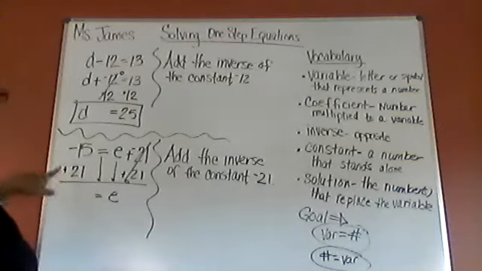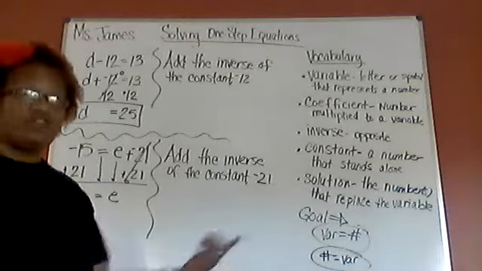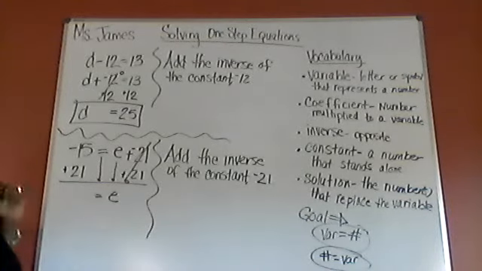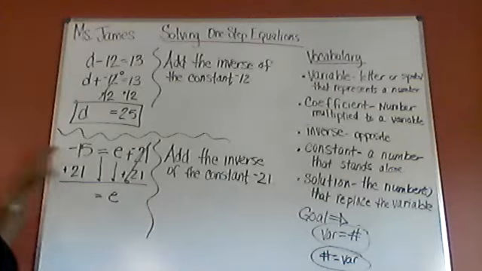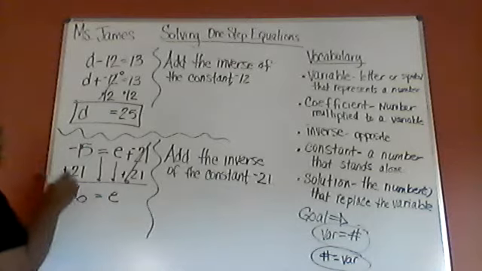The number with higher absolute value means the number that's farthest from 0 on the number line, right? So 21 is farther from 0 than negative 15. So my answer is going to be positive because 21 is positive. So we're going to subtract 21 minus 15. Well, that's 6.